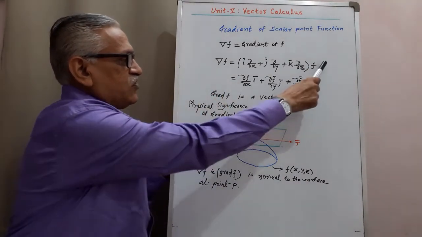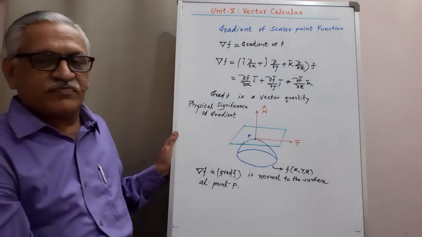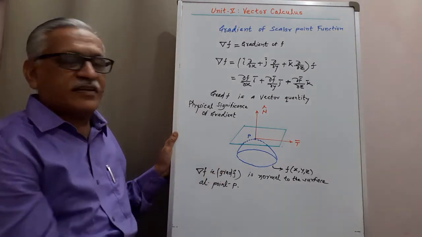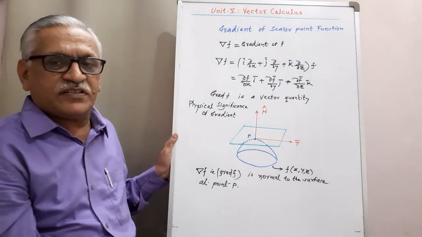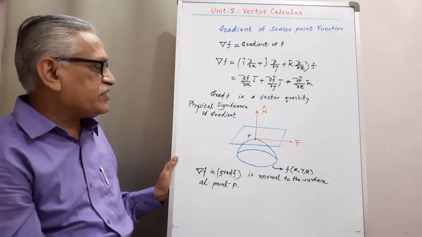This is the definition of grad f. And if you observe the quantity, it is a vector quantity. Therefore, grad f is always a vector quantity.